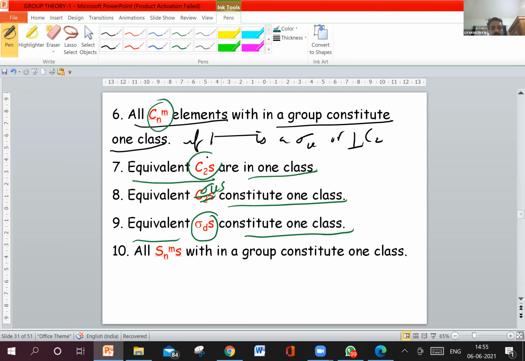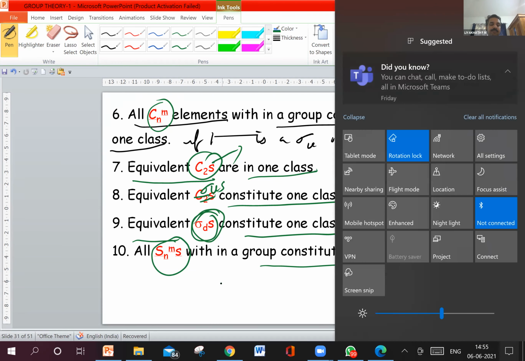Equivalent C2s are in a separate class, equivalent sigma v's in a class, and equivalent sigma d's in a separate class. So we can easily find out by looking at the sigma planes whether they are equivalent or not. That's very easy. Then Sn^m axes also belong to a separate class. These are the rules you have to remember to find the conjugate elements, or the number of classes, in a point group.